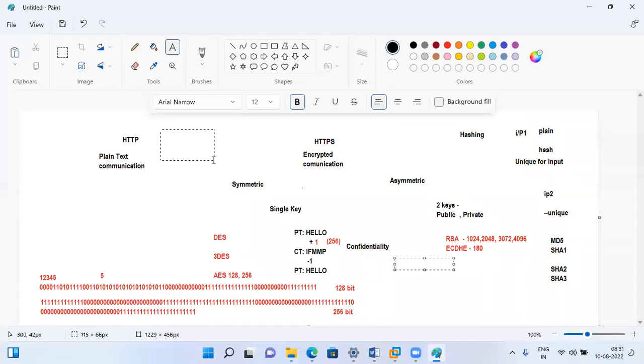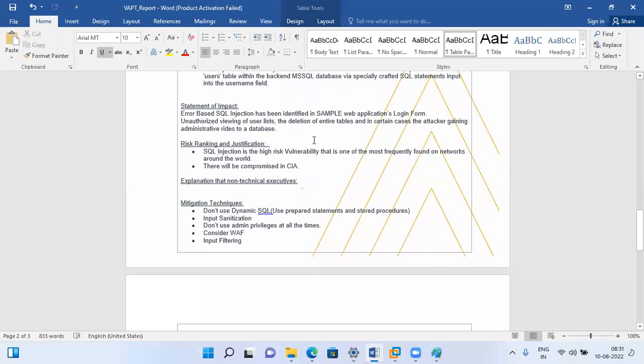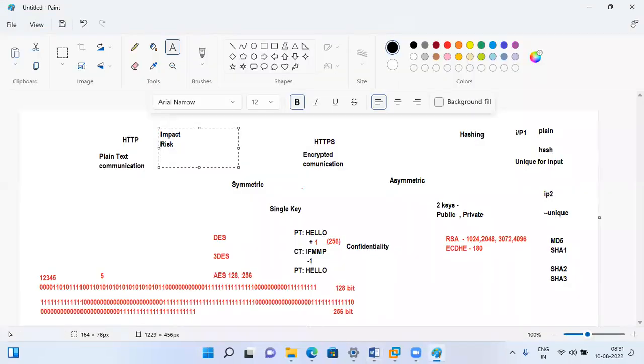Can you guys do it for assignment? Basically, you need to put impact and risk, statement of impact, risk ranking. Ranking means basically severity. Then non-technical explanation.